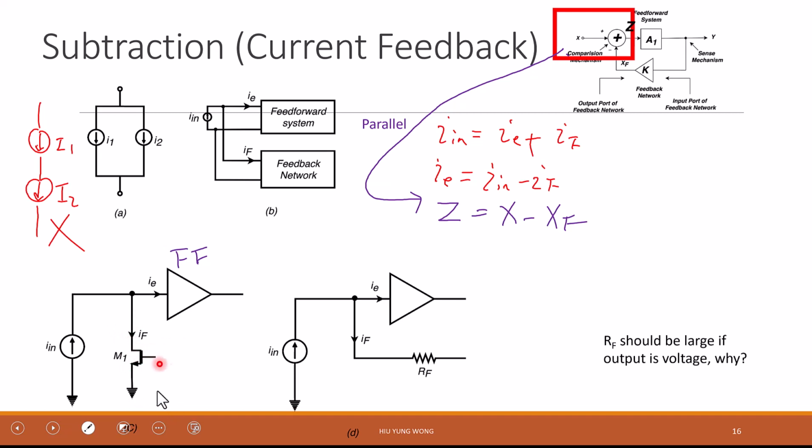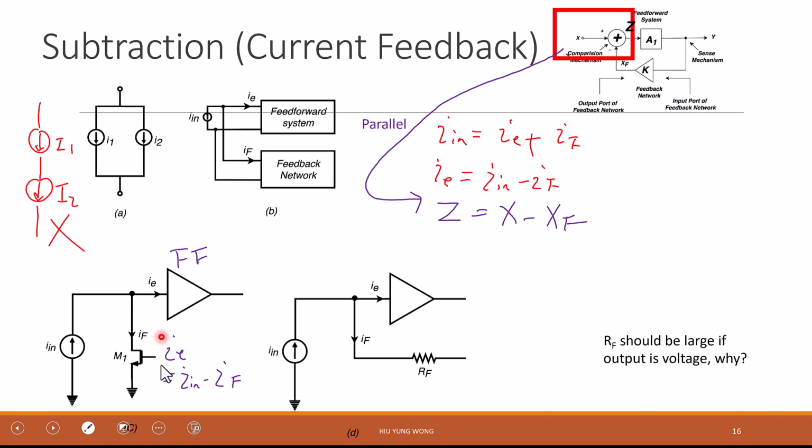And how do we steal it? Actually, it depends on the gates here. This is going to come out from the outputs of the feed-forward system, right? But we ignore this part. We just say that, hey, this one is equal to IE equals I in minus IF. Right?